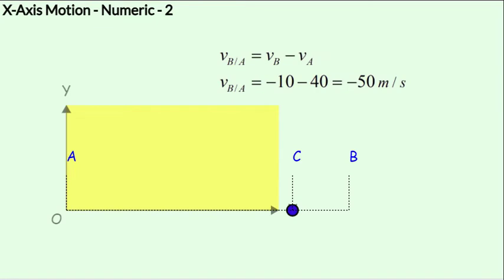So A will see B approaching it along the negative direction of the x-axis.